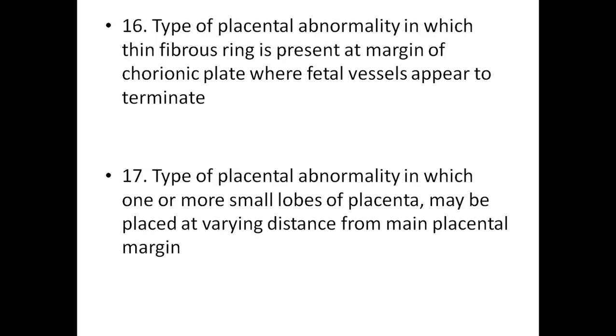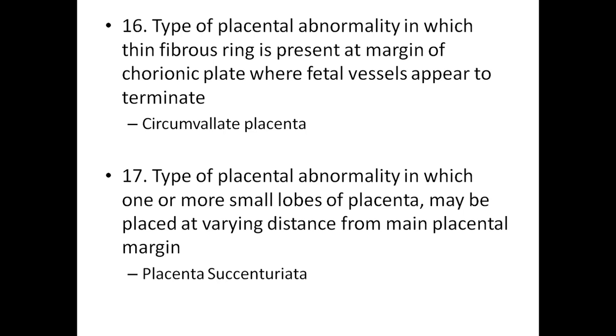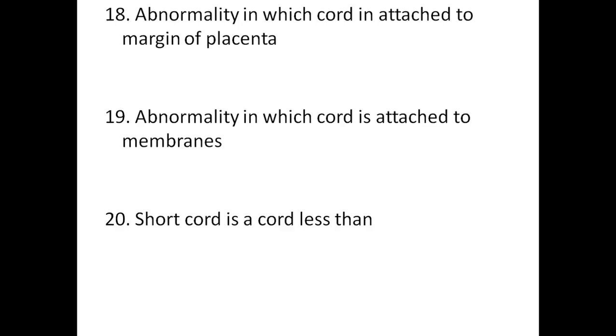The type of placental abnormality in which thin fibrous ring is present at the margin of chorionic plate where the fetal vessels appear to terminate is known as circumvallate placenta. The type of placental abnormality in which one or more small lobes of placenta may be placed at varying distance from main placental margin is known as placenta succenturiata.